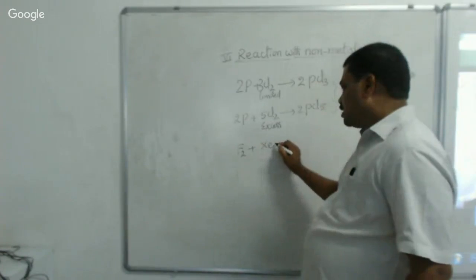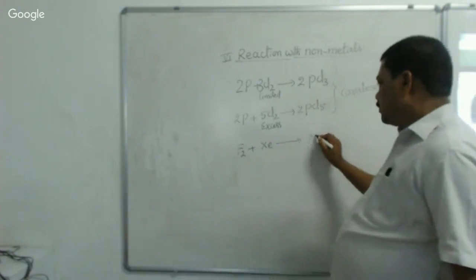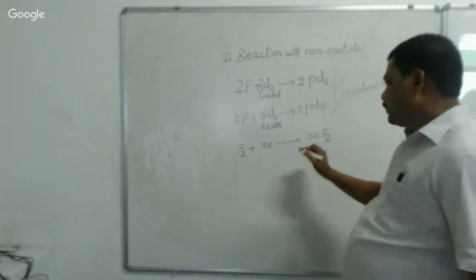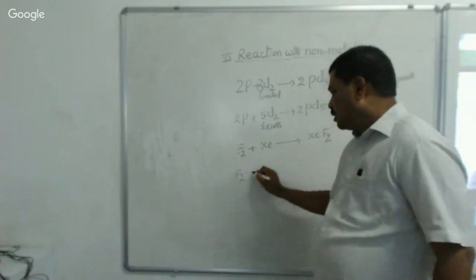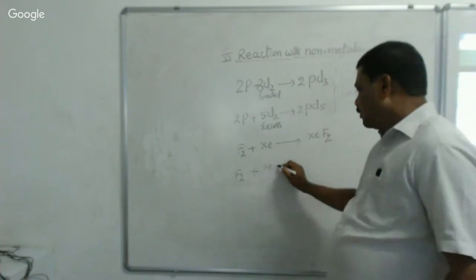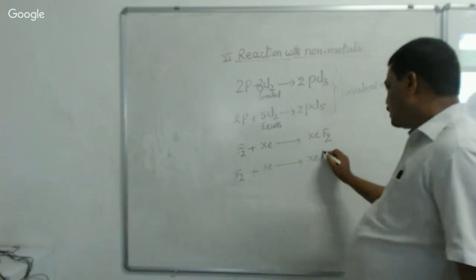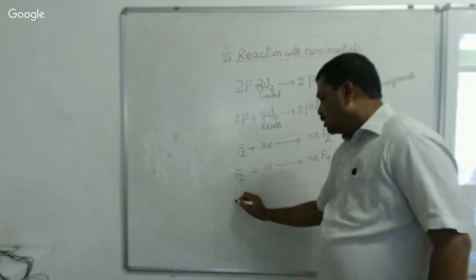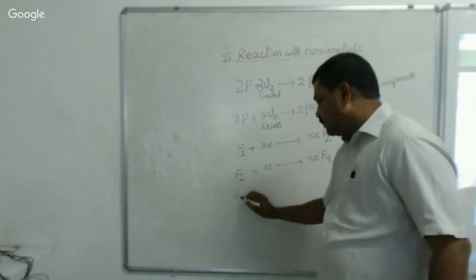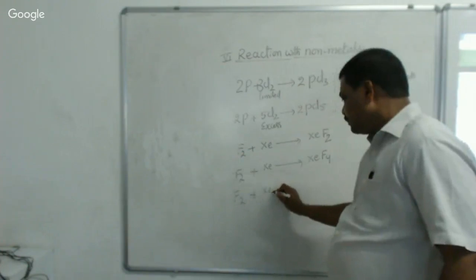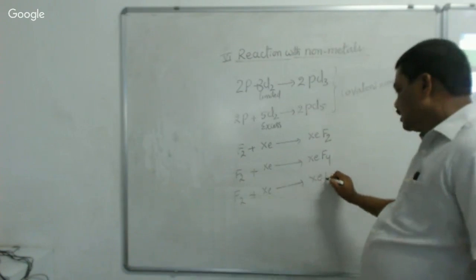You all know fluorine is highly reactive. That's why it reacts with xenon also and forms xenon difluoride, XeF2, or xenon tetrafluoride, XeF4, or xenon hexafluoride, XeF6.